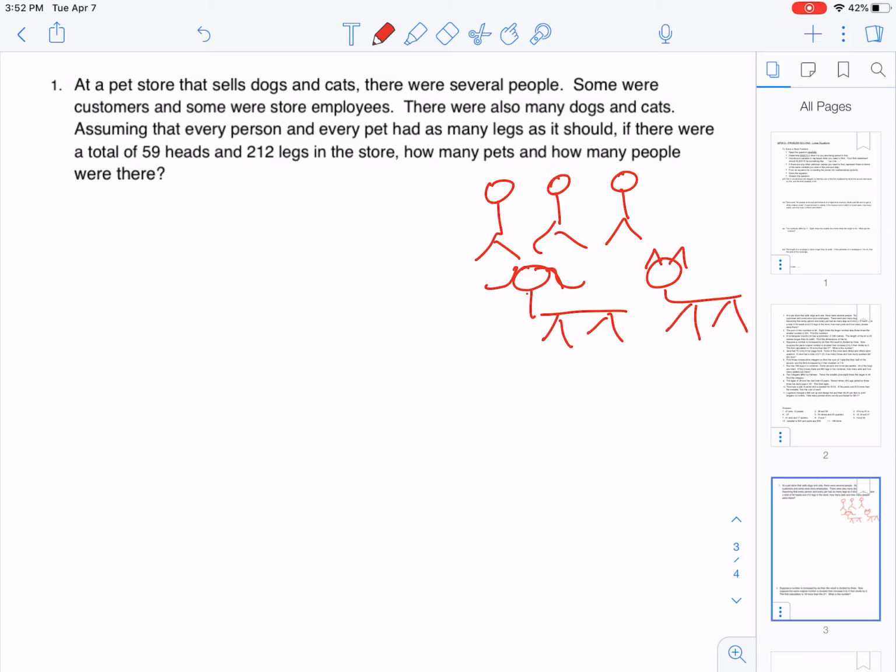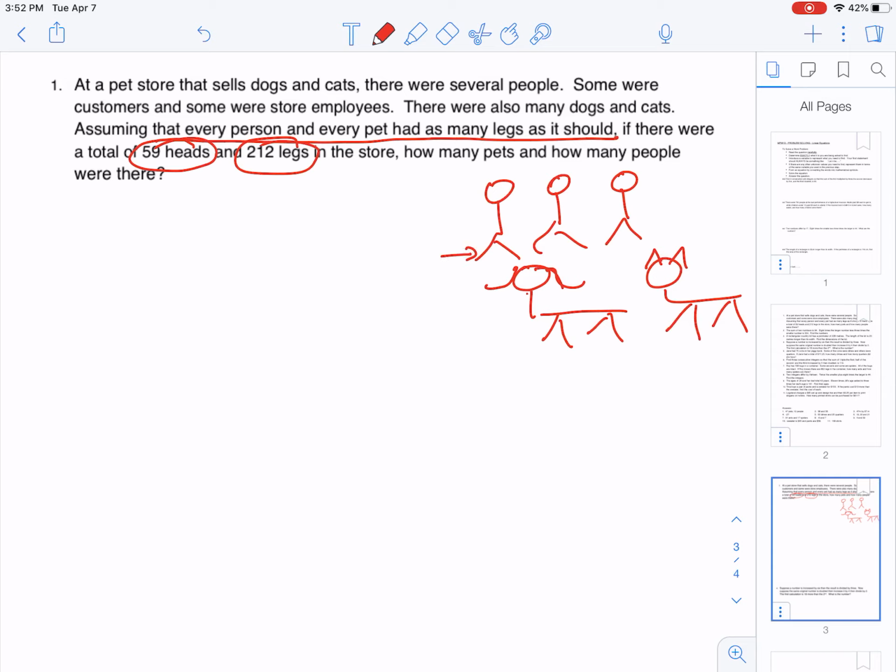Well, this little part right here is kind of important because the information that we're given is about how many heads and how many legs there were. So you have to think to yourself, okay, how many heads does a person have? Well, I hope a person has one head. And then how many legs does a person have?